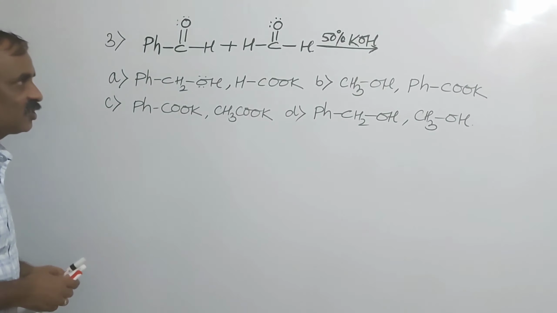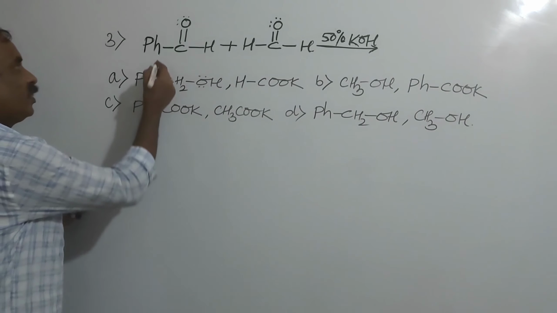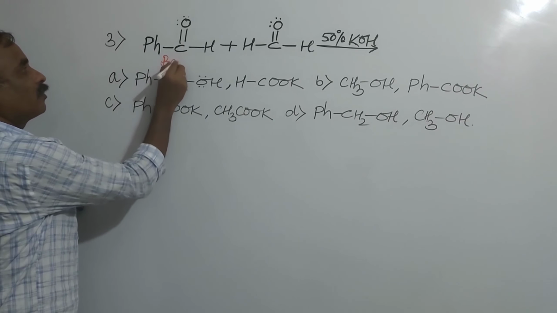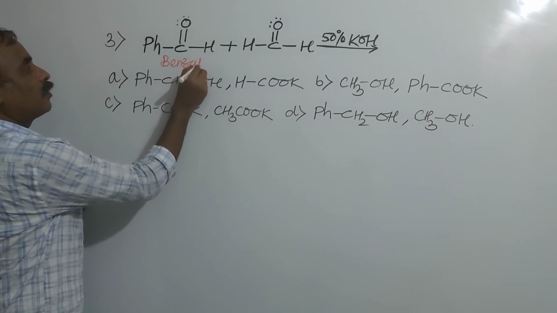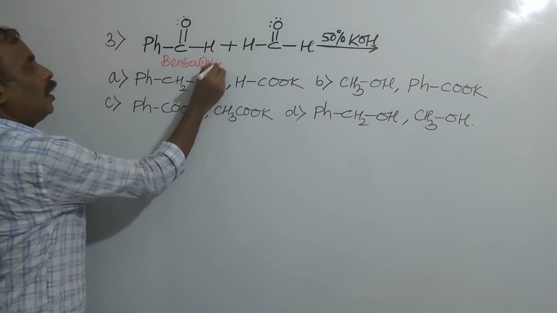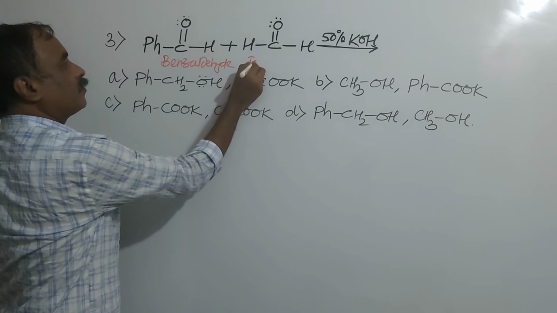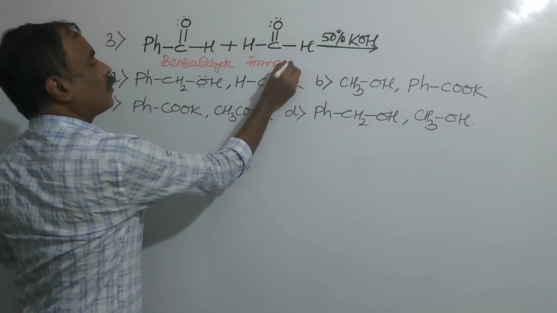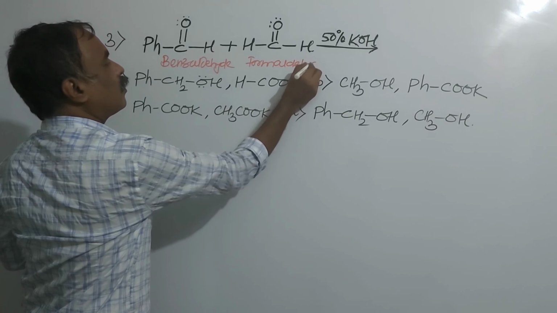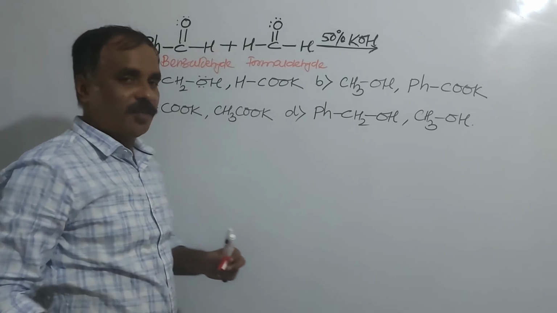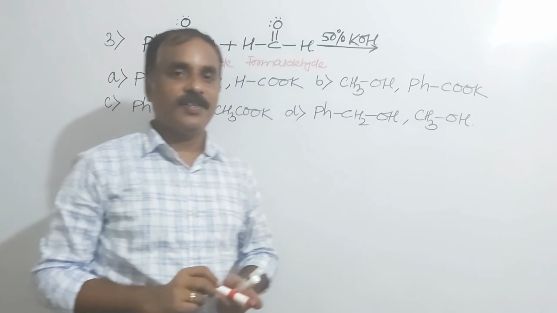In this multiple choice question, here it is benzaldehyde and formaldehyde reacting with 50% potassium hydroxide, a reaction with base.